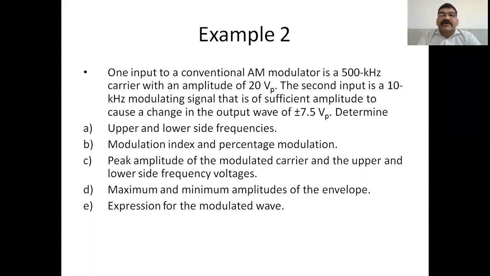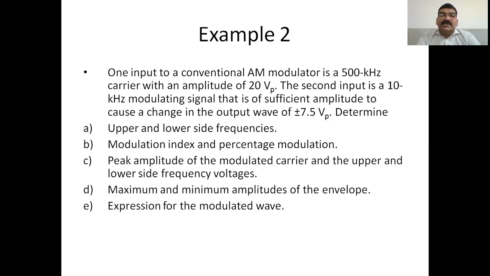So here carrier frequency is given. Two inputs are given. The carrier amplitude is 20 volt peak, not peak to peak, sorry. 20 volt peak. And the second input is a 10 kilohertz modulating signal of sufficient amplitude to cause a change in the output waveform of plus minus 7.5 volt peak.